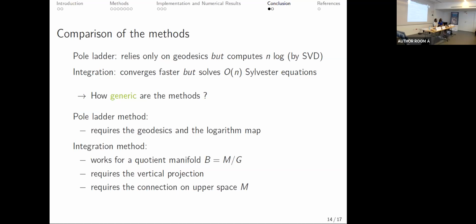But for the integration method, it seems that it's really specific to Kendall shape spaces. In fact, it could work for any quotient manifold where we know, in a usable way, the vertical projection and the connection on the space above.